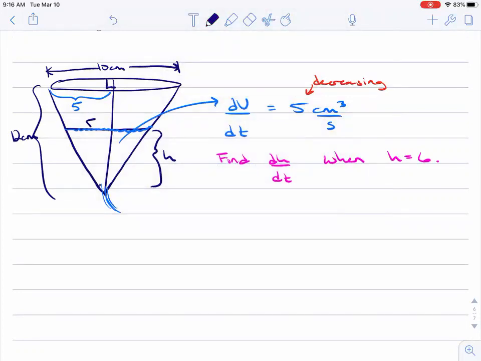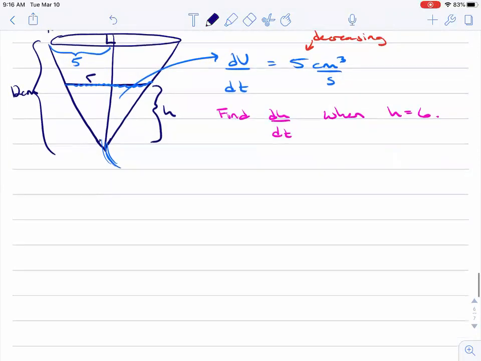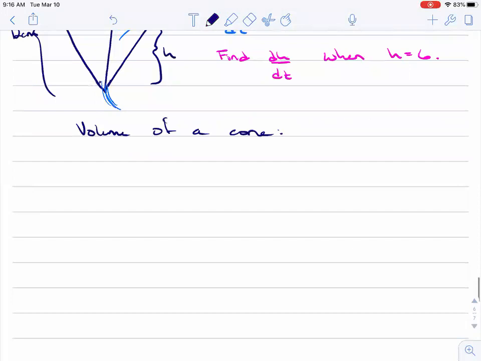So we're talking volume, the volume of a cone. The volume is 1/3 pi r squared h.